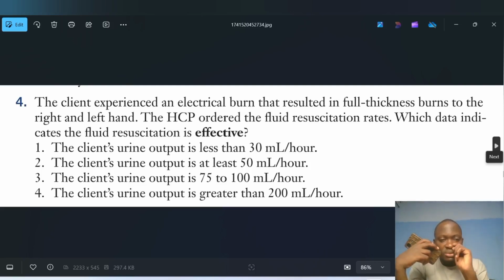Less than 30 ml, no. At least 50, that would be fine. However, option 3, 75 to 100, carries more weight than number 2. So number 3 is the answer. Again, urine output of 200 ml per hour, that's ridiculous. That doesn't even exist. Are you using some strong diuretics, or what?